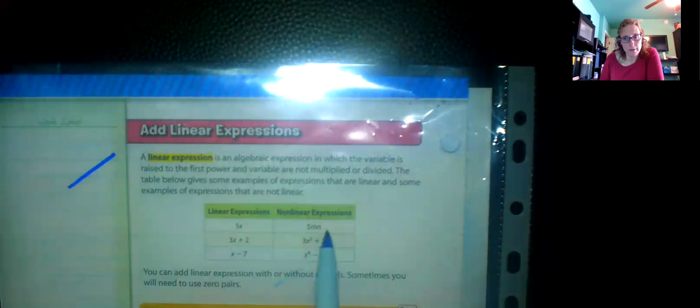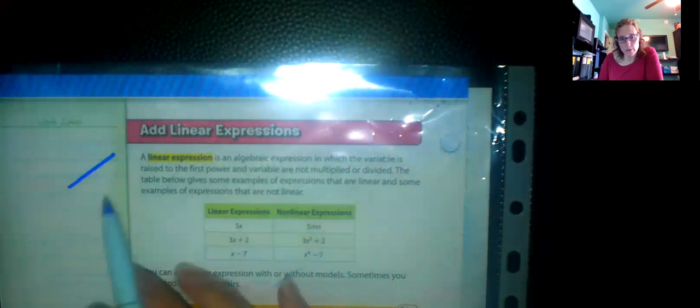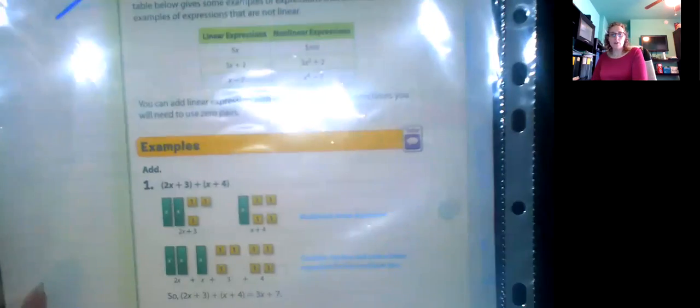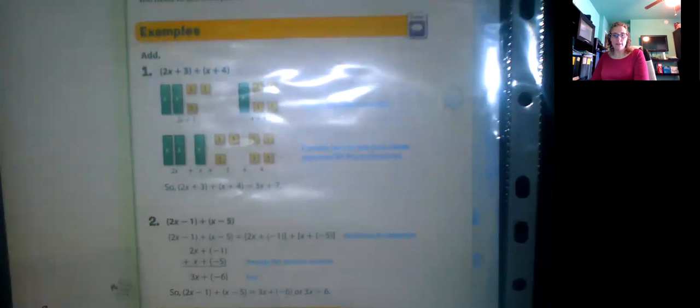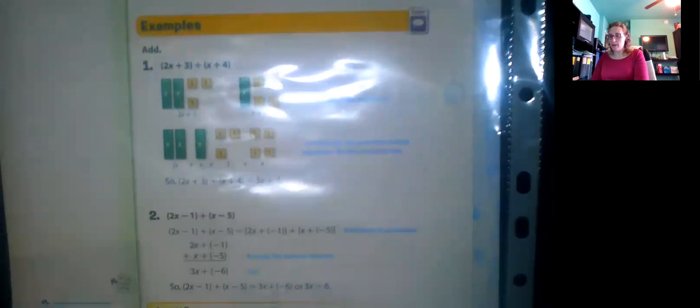You can see a couple of the non-linear expressions that look a little different because they have exponents or multiple variables, and those would not be a straight line if we graphed them. You can take a look at a couple of examples just like we did in our worksheet from the other page.